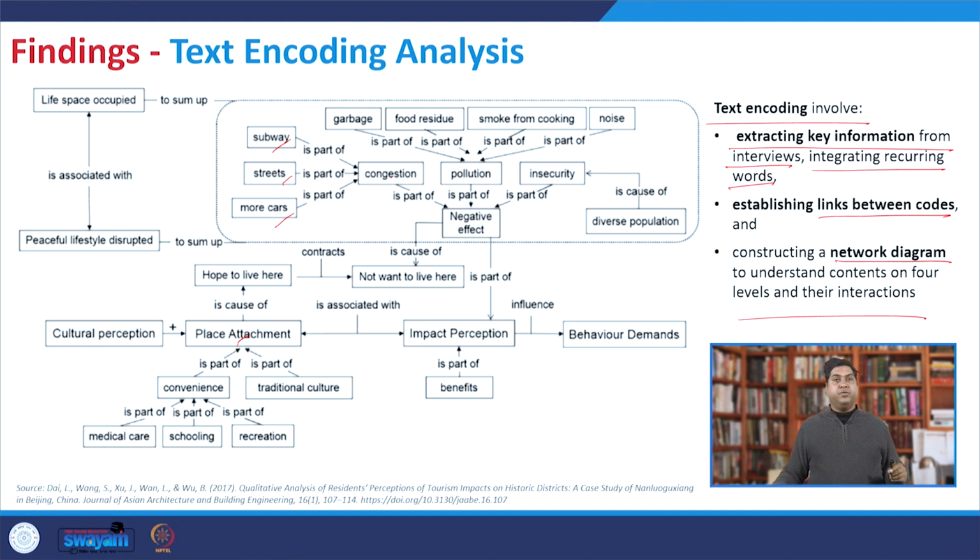Even if there are certain negative effects of tourism, along with that there are a few other facilities like medical care, schooling, and recreation, so that I can avail those facilities. That becomes a plus point, or a positive aspect. Based on this, the authors have analyzed some of those findings.